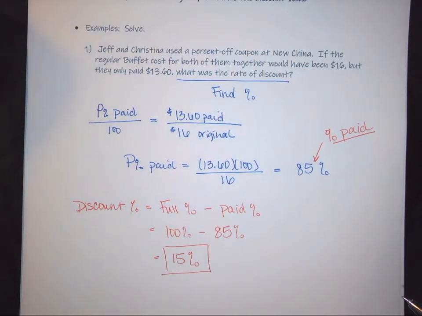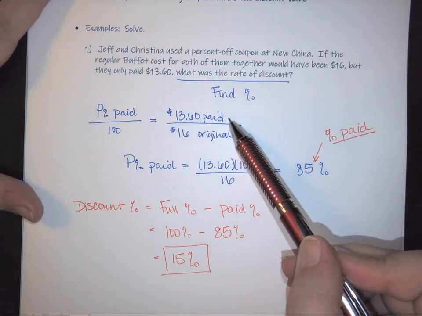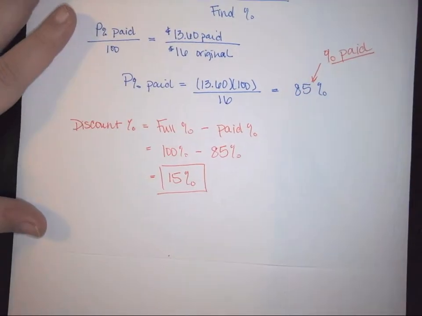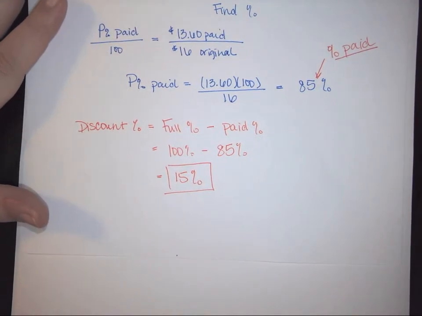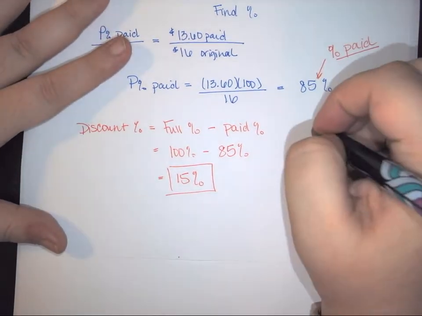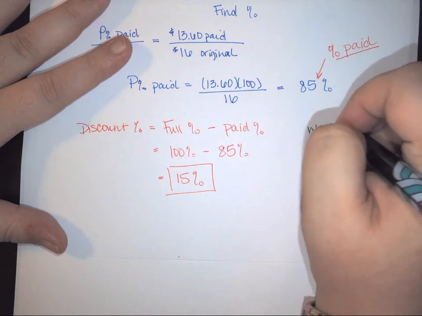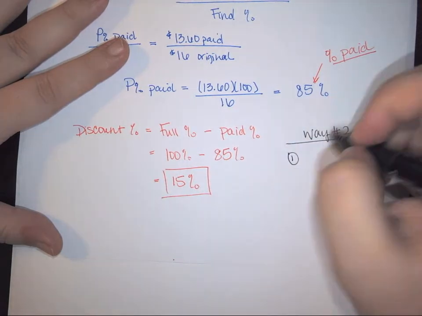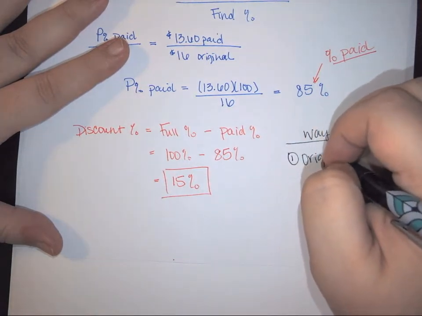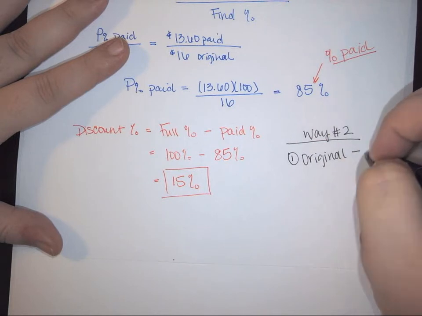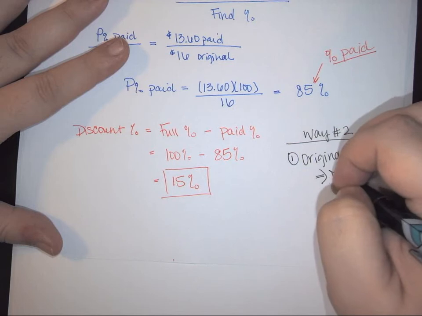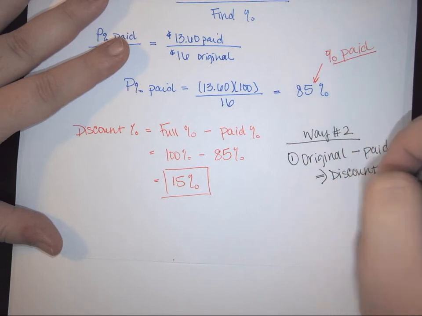Okay? Now, the other way that you could have handled this problem, instead of starting with your paid amount, is to take your original, subtract out what you paid, because this would give you your discount amount.